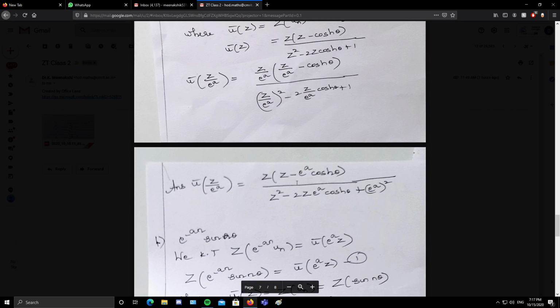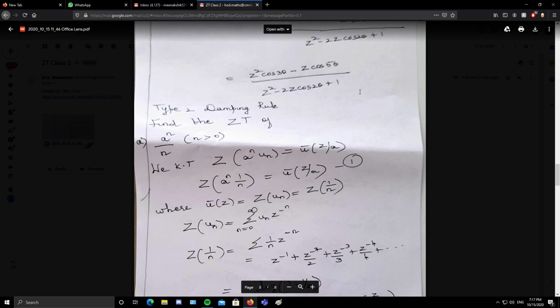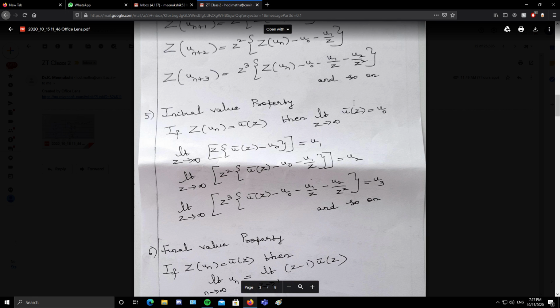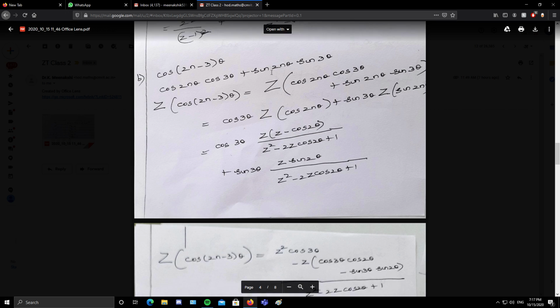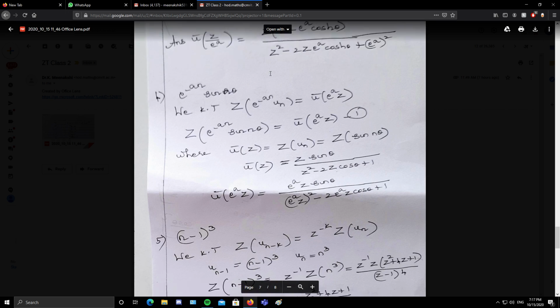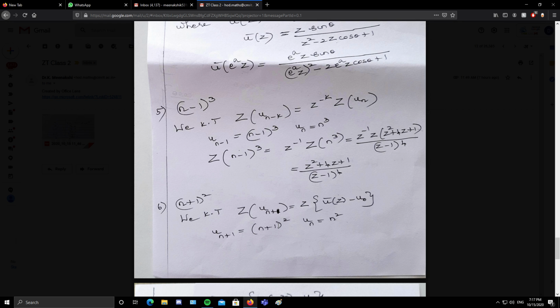So here you have (n+1) whole square. So n plus or minus k means shifting property. So z of u(n+1) is z into u bar of z minus u naught. So I have given the formula here. Z of u(n+1) is z into z of u(n) minus u naught. So that's what I have written here. So u(n+1) is (n+1) whole square.